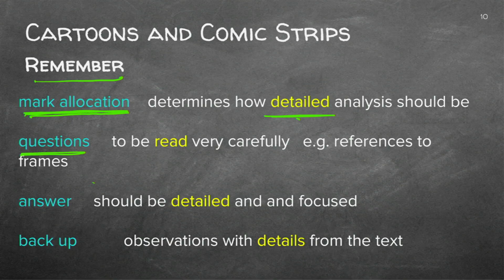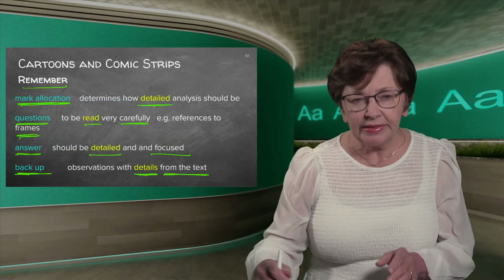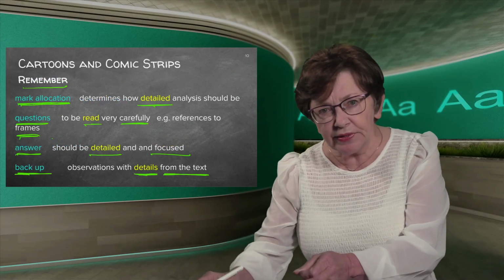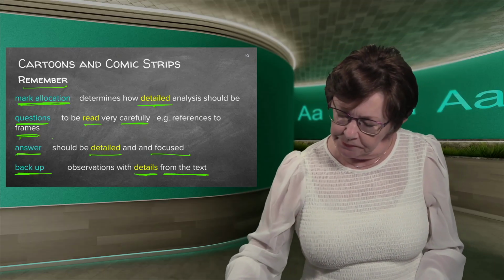Please read your questions very carefully. References to frames, as I said, are very important. Your answer should be detailed and focused. In other words, don't mention things that are not important. And always back up whatever you say with details from the text. You're going to refer specifically to the alien standing on the chair. That's details from the actual frame.